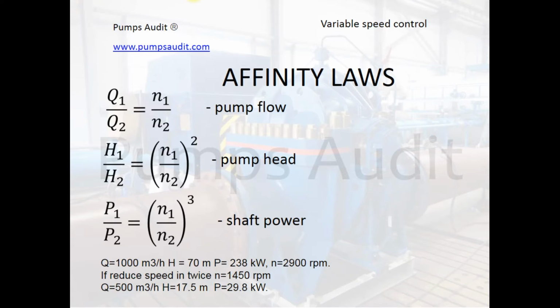You see the great difference in shaft power. That is why speed control is the most effective method in power reduction. Very often pump users consider speed control as an ideal method for energy saving in pumping system which doesn't have any weaknesses. But in the real life, everything is more sophisticated.